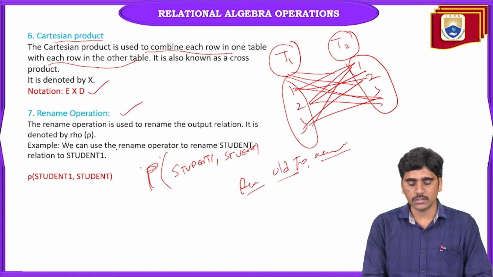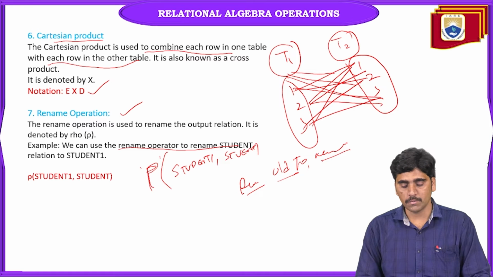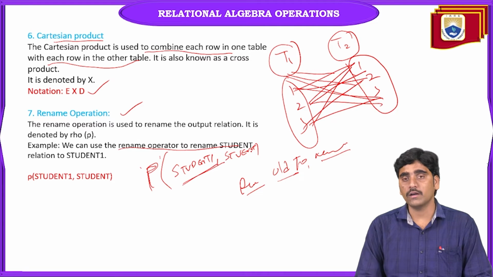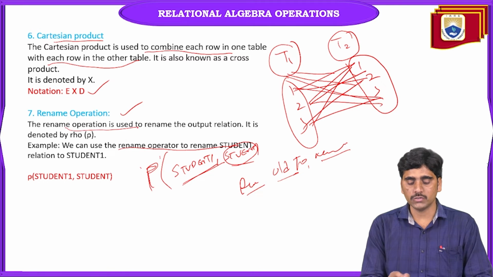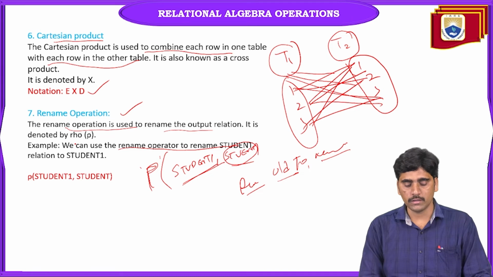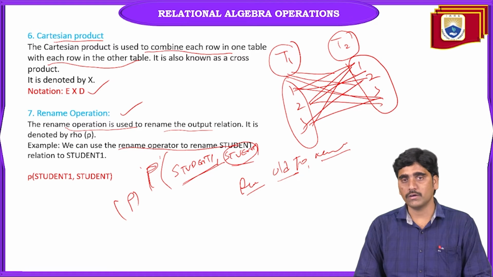So we can use this rename operator to rename the student relation to Student1. I am replacing Student with Student1. So the rename operation is used to rename the output relation, and it is denoted by rho.